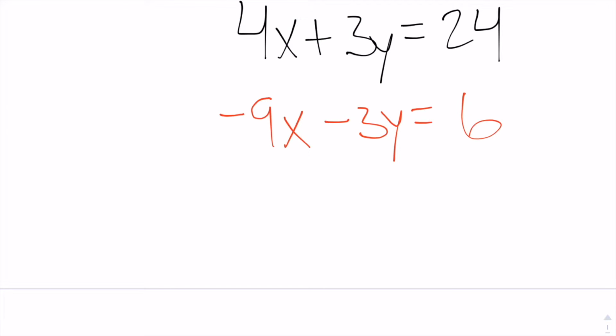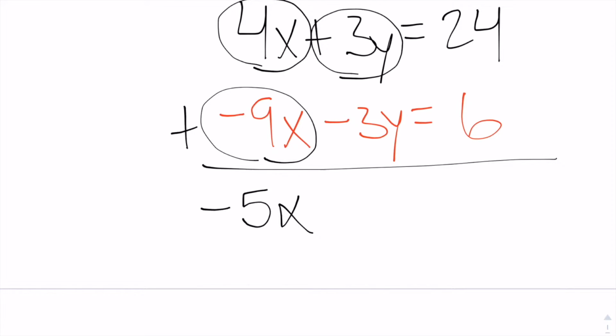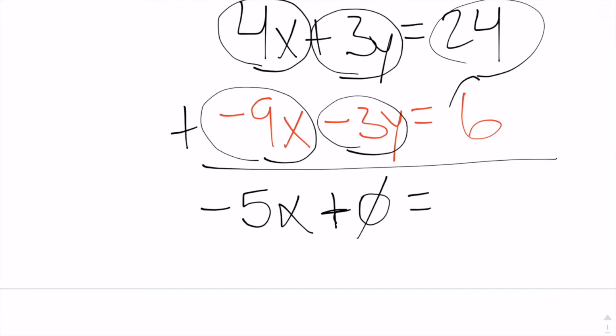Now we did the transformation, and now we just add top down. So 4 plus -9 will give you -5x, and +3y take away 3y will give you 0 equals 24 plus 6 is 30.